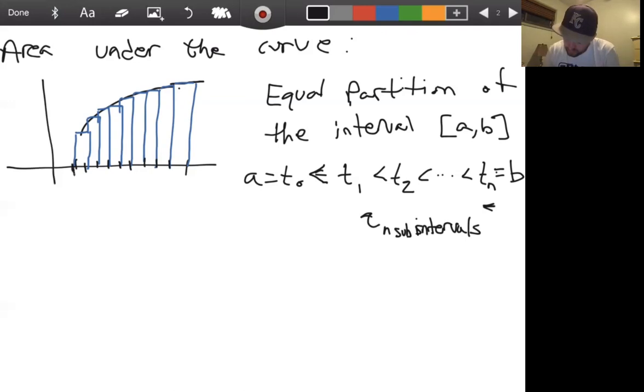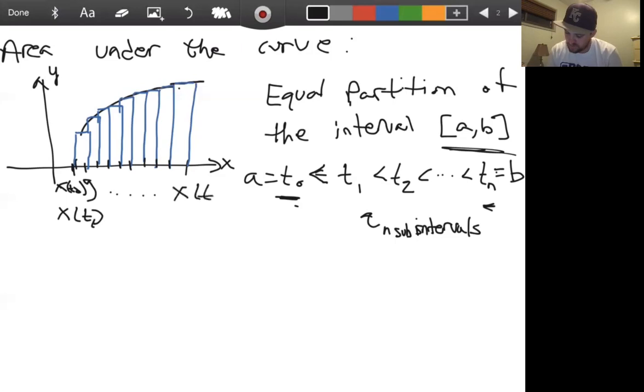And so what is this first point here, right? This first point on the x-axis is going to be x of t0, right? Because that's the first partition in our interval where that t belongs to. So we have x of t0, and then we have like x of t1, all the way up to x of tn.